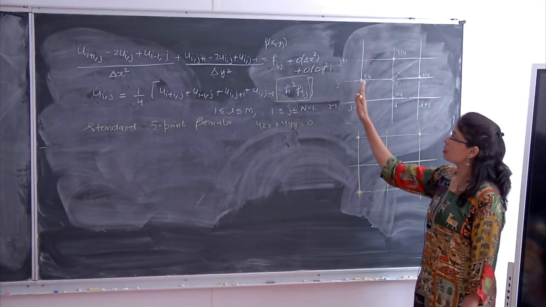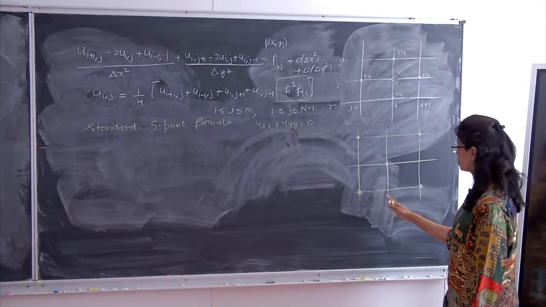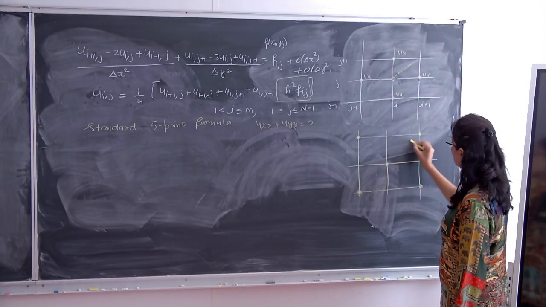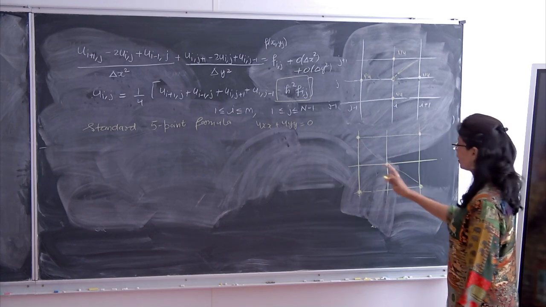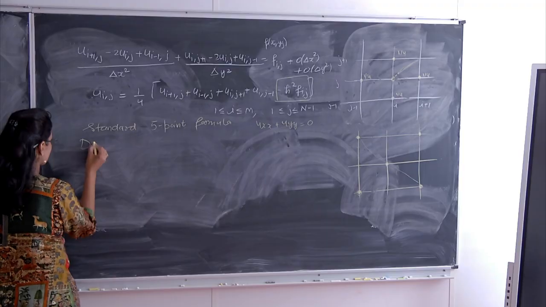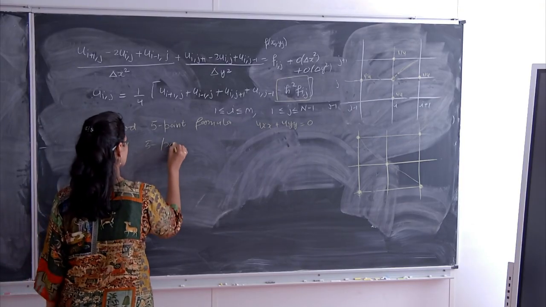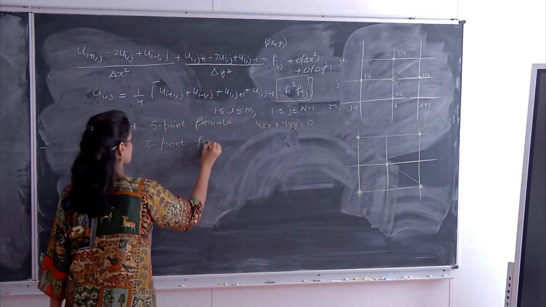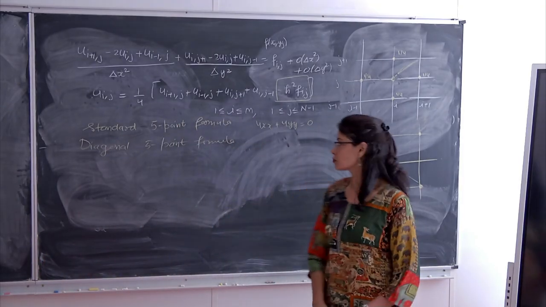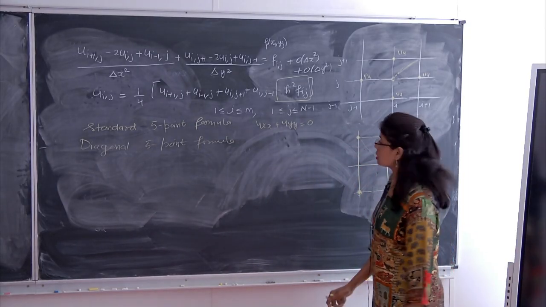This is our standard 5-point formula that we use in questions. Side by side we also use this 5-point formula, and you can see that these are actually diagonals here. So when I am applying this approach, that is called the diagonal 5-point formula. So this is our diagonal 5-point formula. In some questions we may use both of these things.